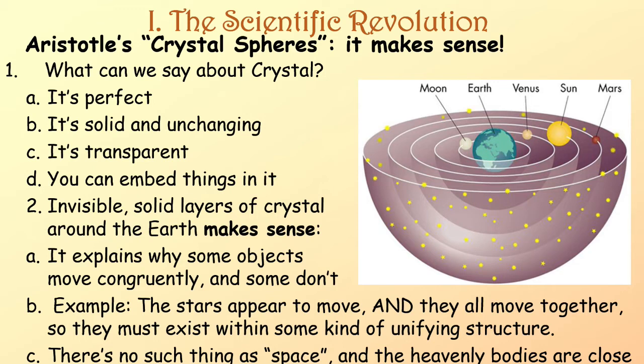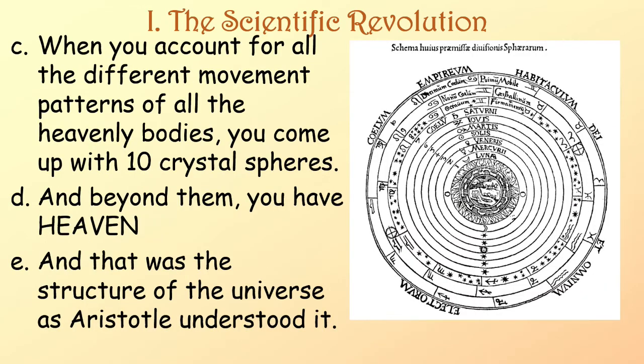And it explains why some objects move congruently up there in the sky and some don't. For example, the stars. They appear to move, and they appear to move all together. So it seems as if they must exist within some kind of unifying structure, right? Now, keep in mind, in Aristotle's universe, there's no such thing as space. And so the heavenly bodies are all very, very close to the earth.